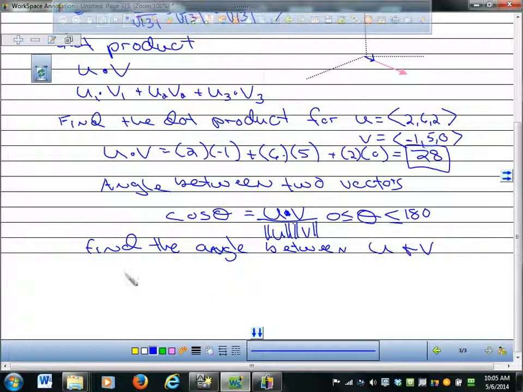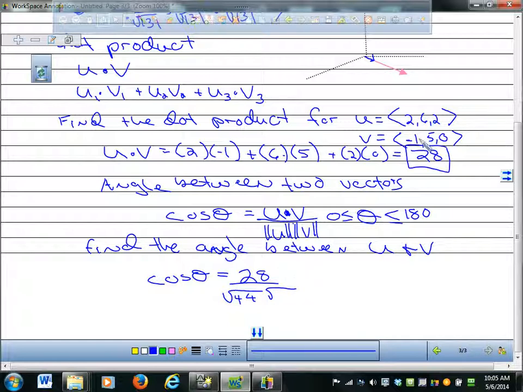We already got the dot product, so cosine theta is equal to 28 divided by the magnitude of u. What's the magnitude of u? Can you guys do that in your head? 4 plus 4 plus 36, 44. Right.